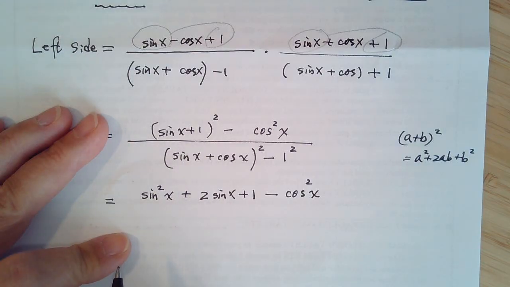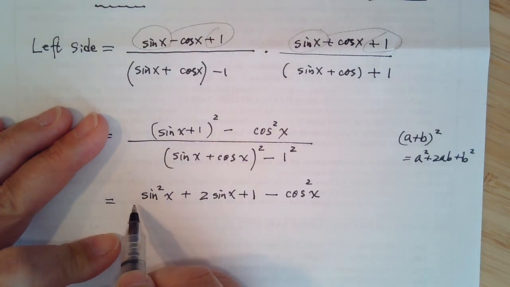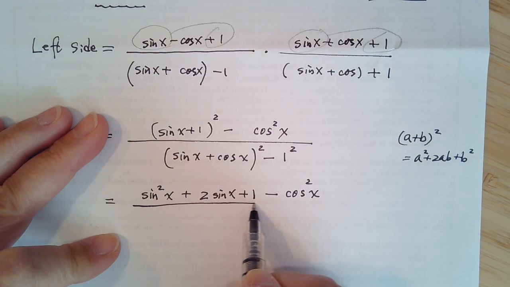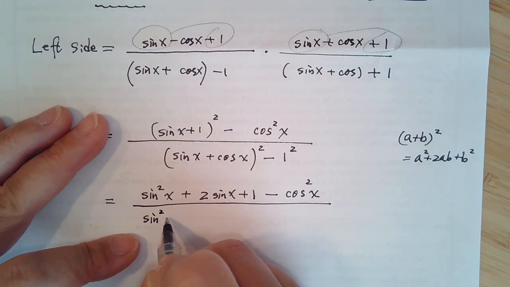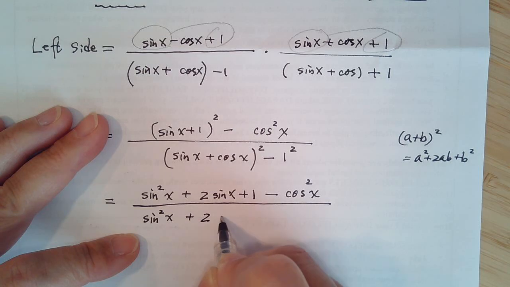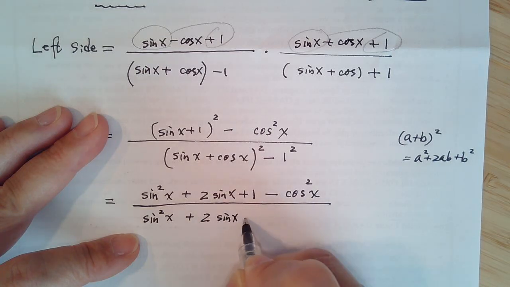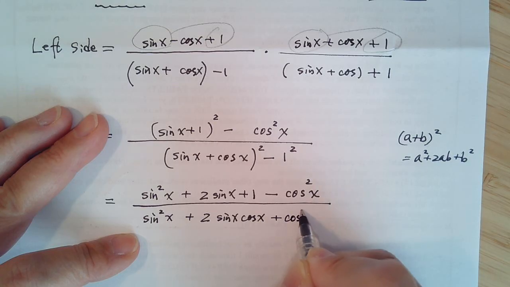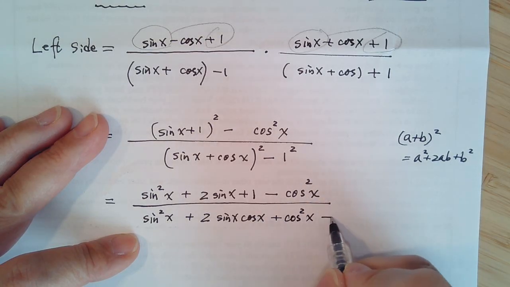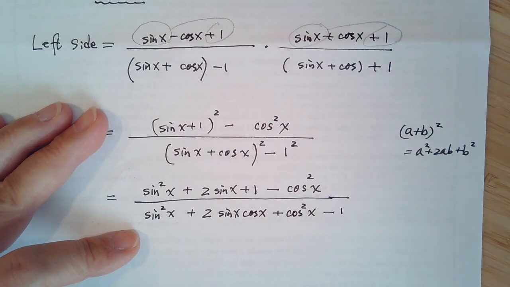You agree? And the denominator, I got sine squared x plus 2 sine x cosine x plus cosine squared x, then minus 1.